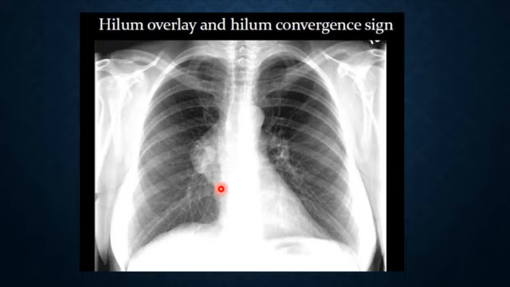If you can see the hilar vessels through the mass, then it is not in the hilum. If you cannot see the hilar vessels in the mass, it is in the hilum. Simply, it is silhouetting the hilum.